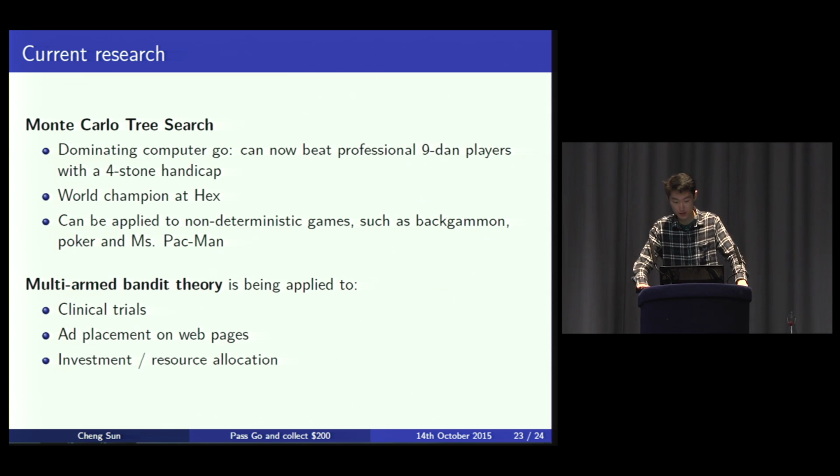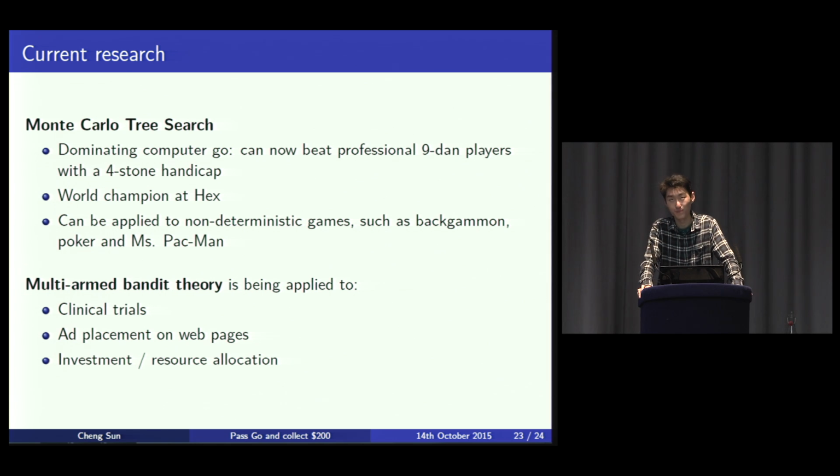So what is Monte Carlo Tree Search now being used for? Originally, when Coulom introduced this in 2006, it was for the purpose of computer Go, and it's doing remarkably at that. Before, it was only taking on strong beginners.